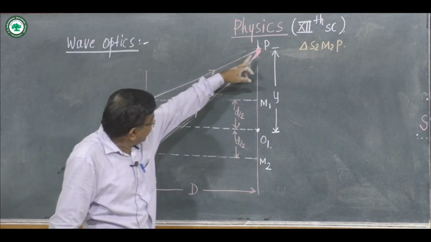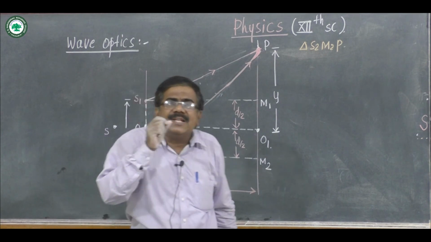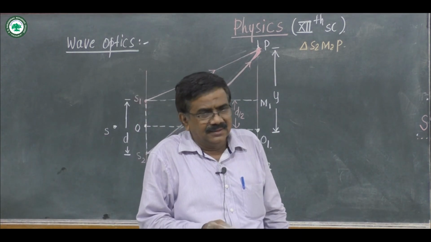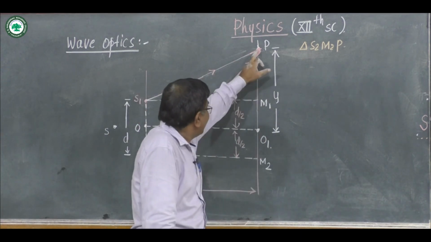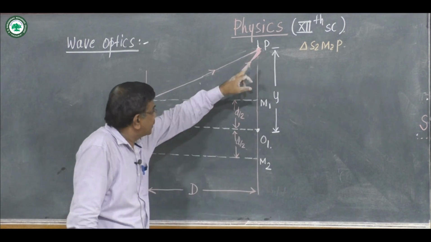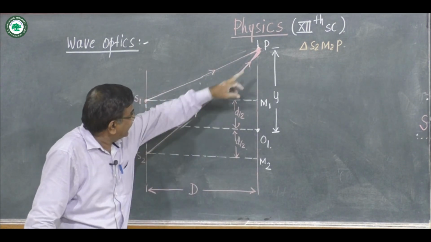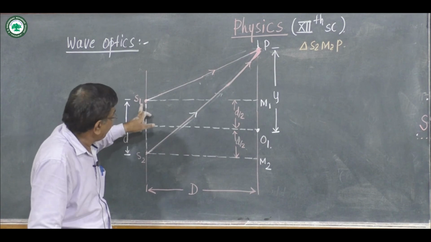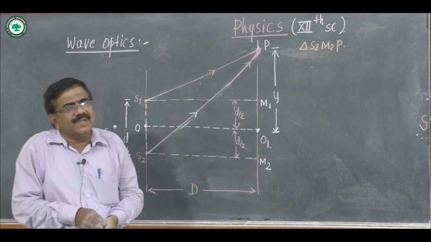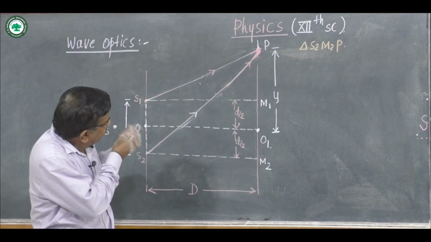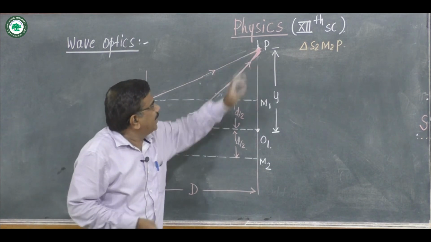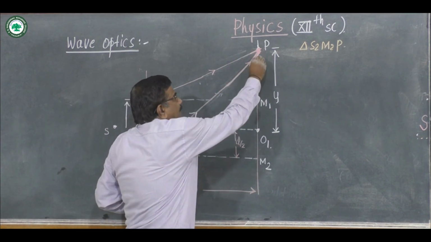Now we have to find whether this point P is bright or dark, so we find the path difference between these two waves. The path difference between the two waves reaching at point P is S2P minus S1P.